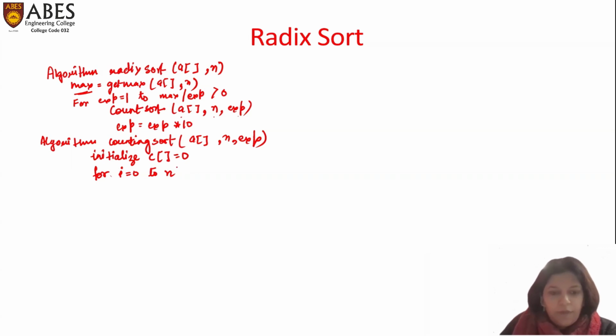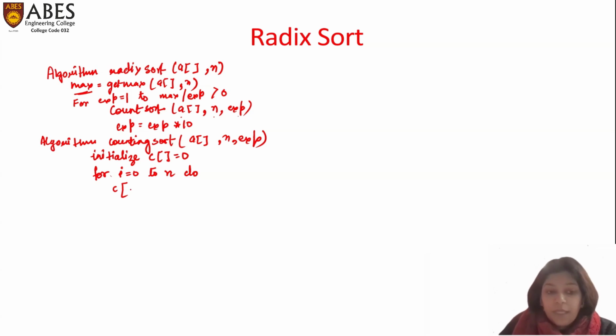And what do we have to do? We have to increment the counting array, right? So earlier what we did, we incremented the counting array by making the index of the counting array as A[I]. You remember it? We had incremented C[A[I]], right?